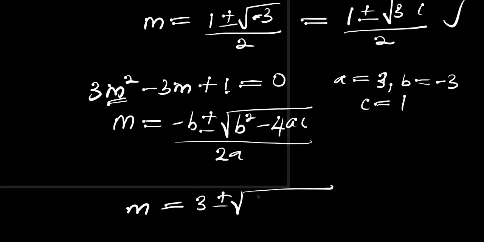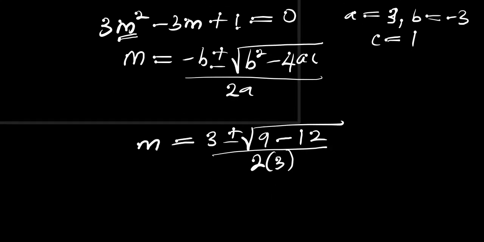We are going to have negative 3 squared, that is 9. Then we have minus 4ac, that is 4 times 3 times 1. This will give us 12. Divided by 2a, and 2 times 3 is 6. So we move ahead.